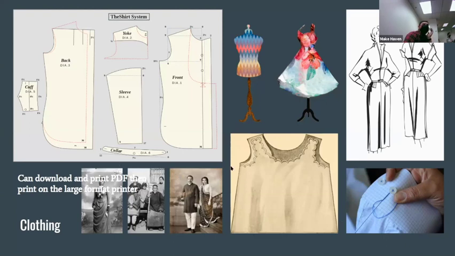But one of the things that's really neat now is that was never accessible because it was just on such large sheets of paper and you could never print that out. But we also have a large format printer downstairs. And so if you're really savvy about it, you can download PDFs now of designs like that and then print them on the large format printer and work directly from that.